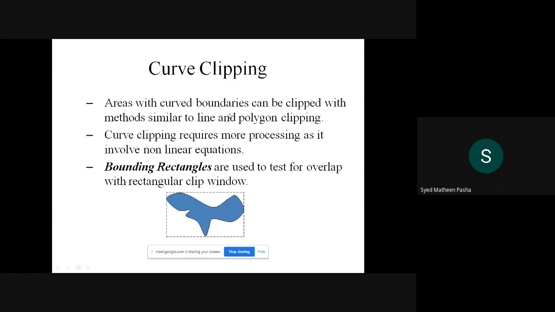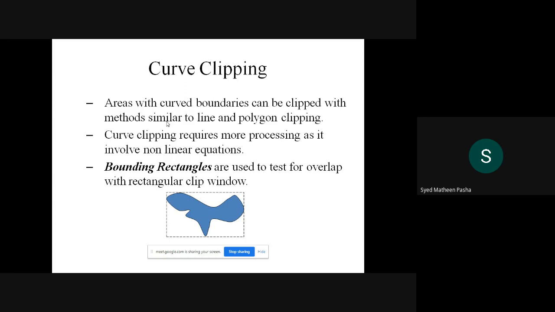Areas with curved boundaries can be clipped with methods similar to line and polygon clipping. Curve clipping requires more processing as it involves nonlinear equations. For line equations you had simpler equations and you could perform that operation very easily.